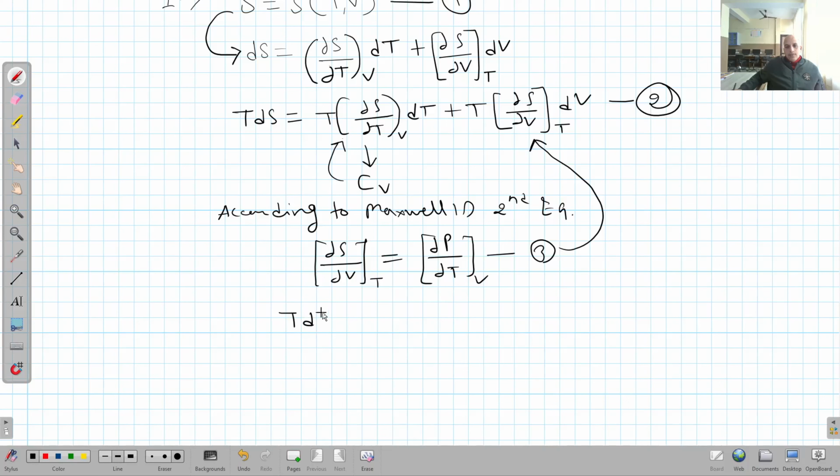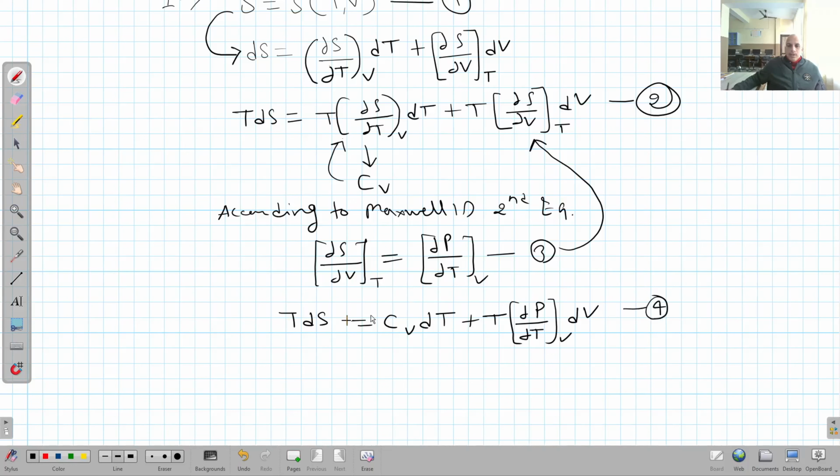So then after I will get TdS is equal to Cv dT plus T (∂P/∂T) at constant volume dV. This is equation number 4. Clear?